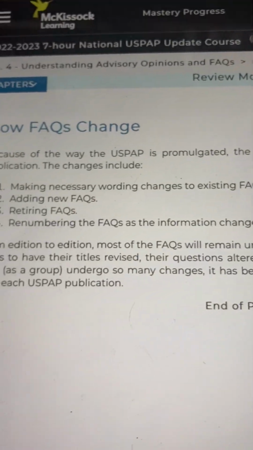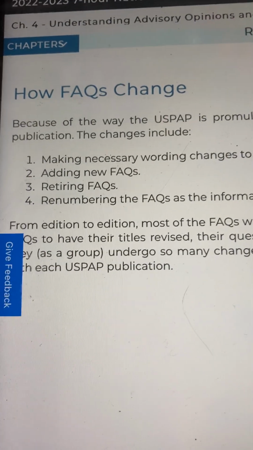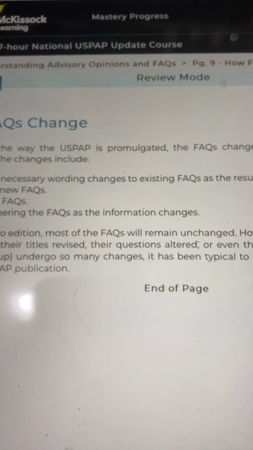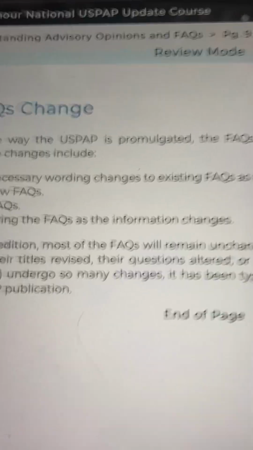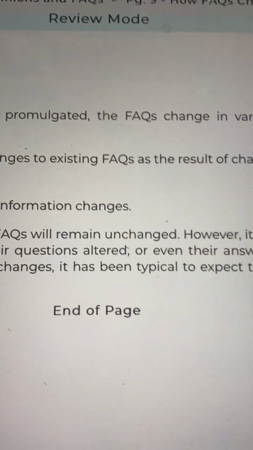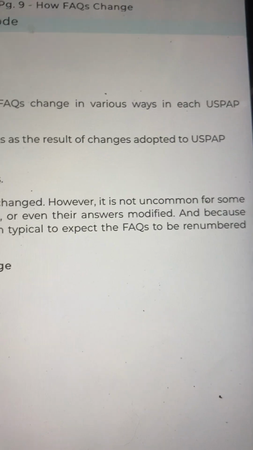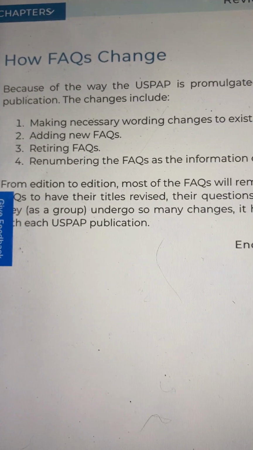Page 9, how FAQs change. Because of the way the USPAP is promulgated, the FAQs change in various ways in each USPAP publication.